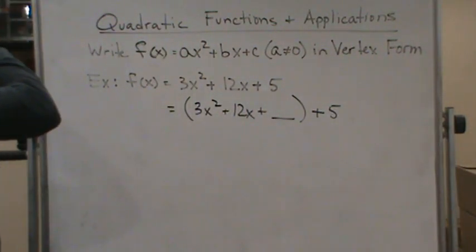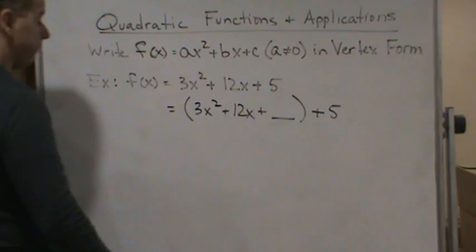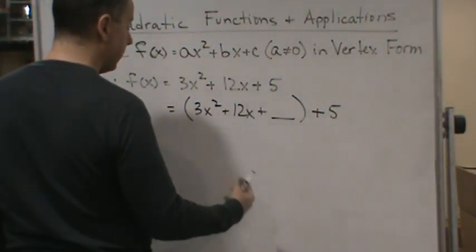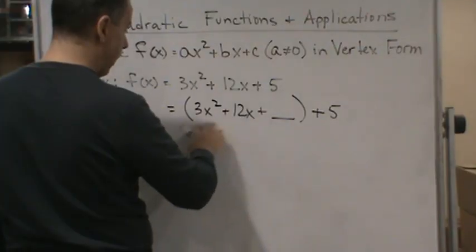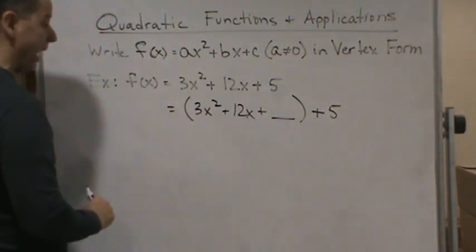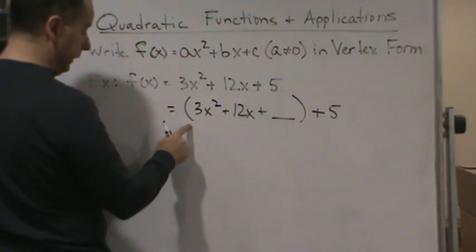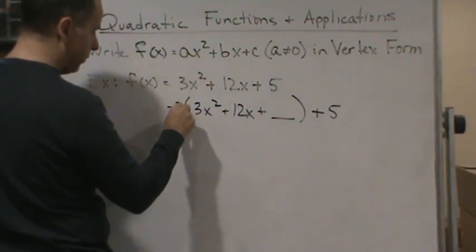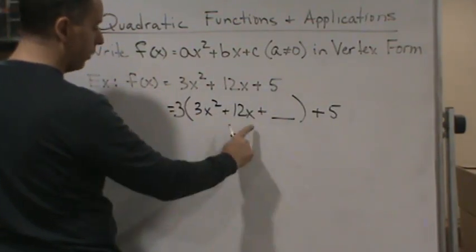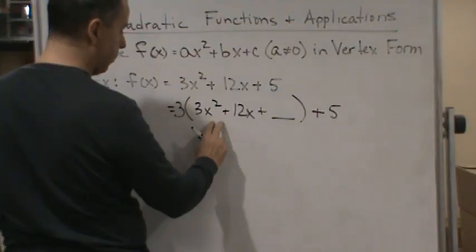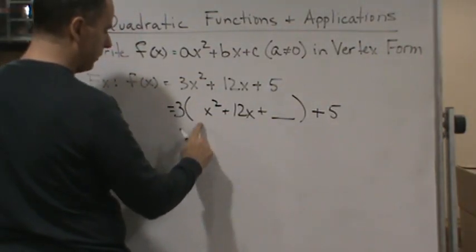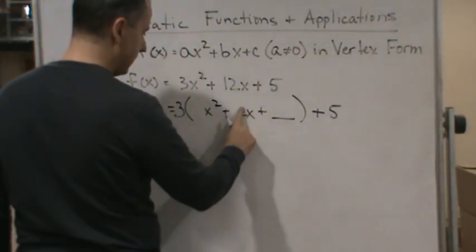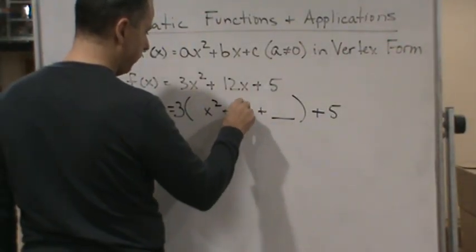Now, before I complete the square though, I'm going to factor out the greatest common factor here, which is going to be 3. Remember, I can't complete the square unless the leading coefficient is a 1. So I'm going to factor out the 3, which will make this 4.